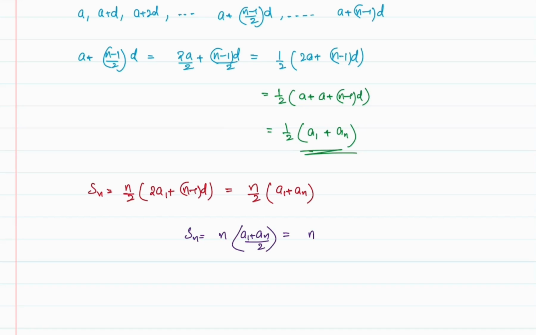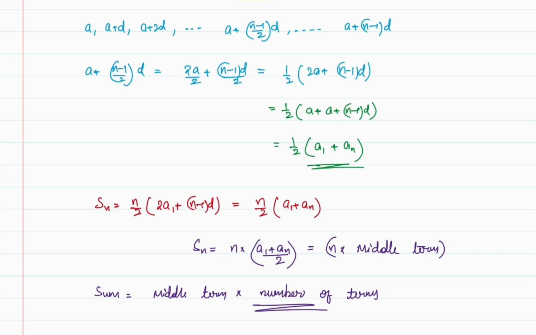So this will be equal to n into the middle term, and we know that n is the number of terms, so Sn will be equal to the middle term multiplied by the number of terms. So this is the result that can be obtained from the properties discussed before.